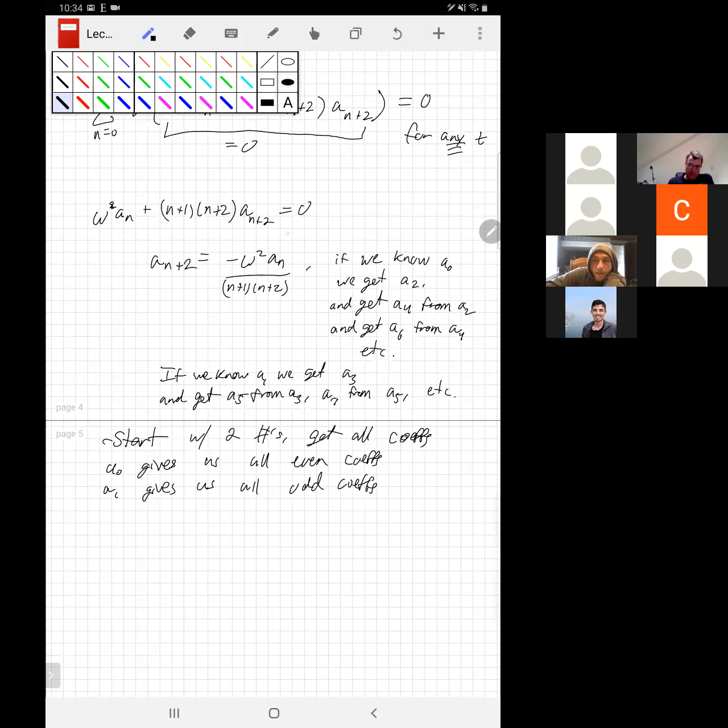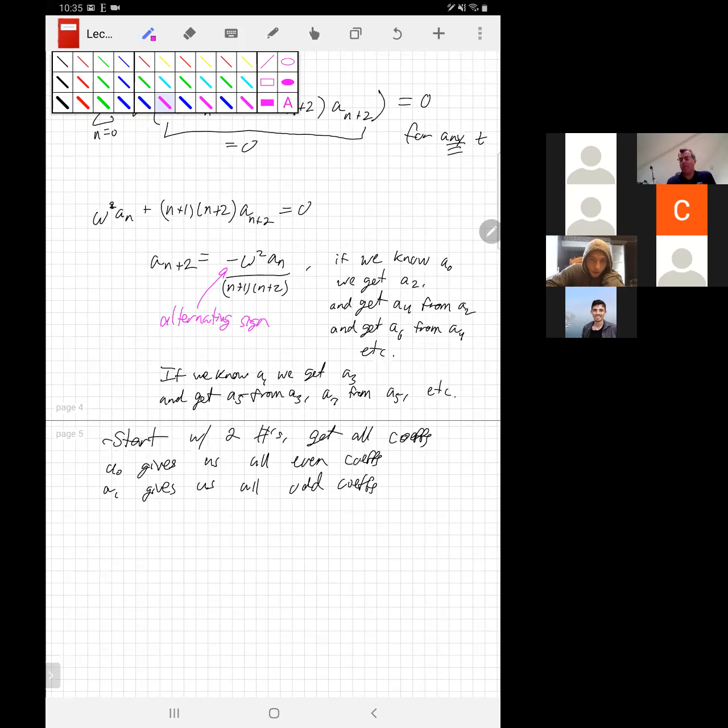Furthermore, the solutions are alternating sign. If a0 is positive, a2 will be negative because a2 is going to be minus 1 times a bunch of stuff times a0. a2 is negative, which means a4 is going to be positive because a4 is going to be minus 1 times a bunch of stuff times a2.